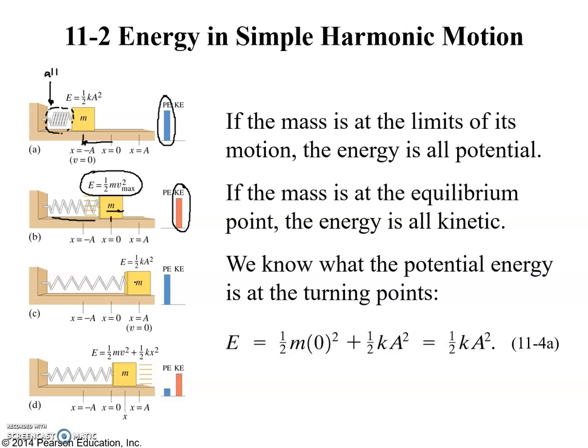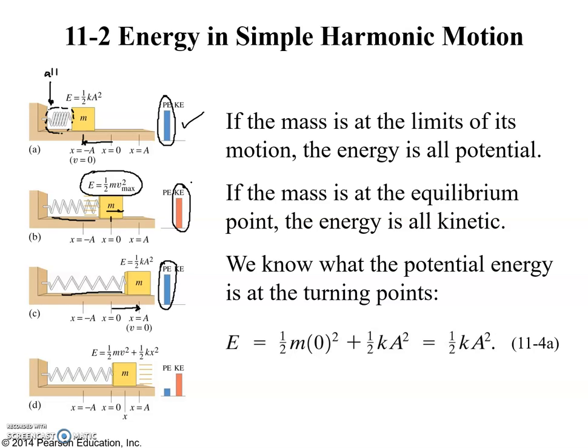And then it passes that point and eventually reaches its extreme positive amplitude. Again, when it gets to that point, for a split second, the box is going to come to a stop before it changes direction. When the box is motionless and the spring is completely stretched out, again we have 100% potential energy stored in the spring.